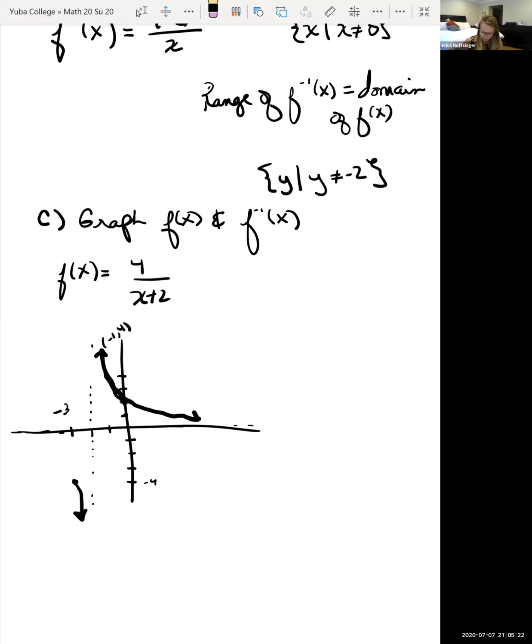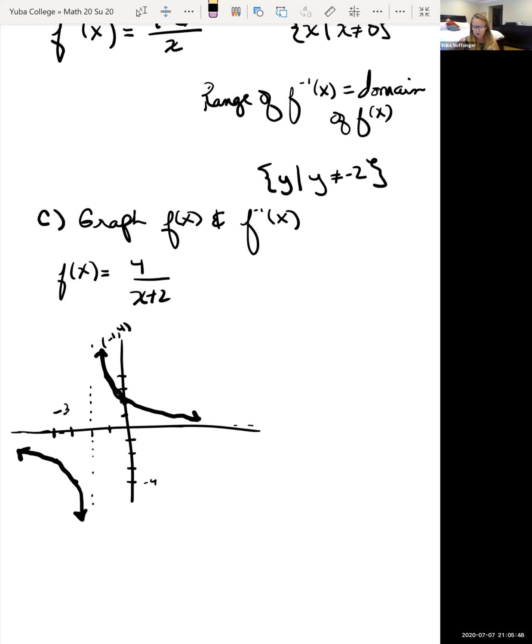Maybe choose another point. If we plug in -4, we get 4 over -4 plus 2 is -2, so 4 over -2 is -2. So at -4, we get -2. So this is f of x.